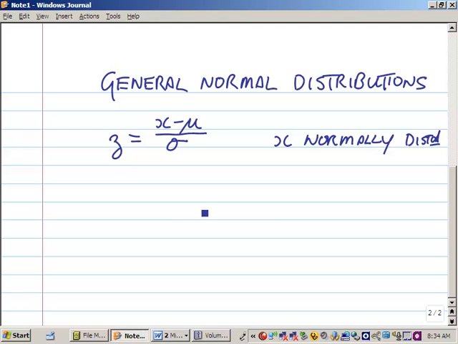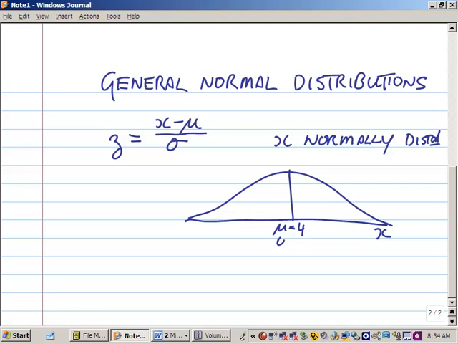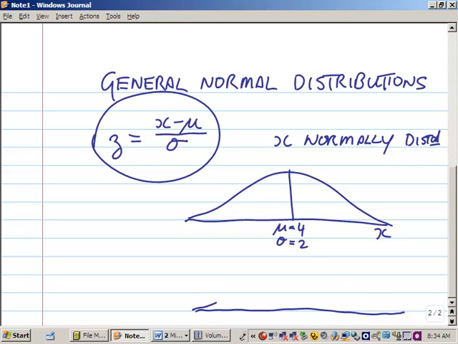So what we're going to do in general is start with the normal distribution of x's. For example, let's say that the mean of the distribution is 4 and the standard deviation is 2. Using this formula for z, we would translate any of those values back down to the z distribution, which has a mean of 0 and a standard deviation of 1.